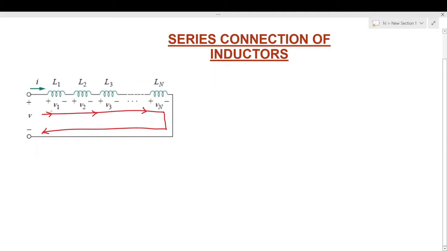Now the loop arrow initially meets the V1 positive potential, so we will take V1 as positive as per Kirchhoff's voltage law. In the same manner, the arrow next meets the V2 positive potential, so we will take V2 also as positive.